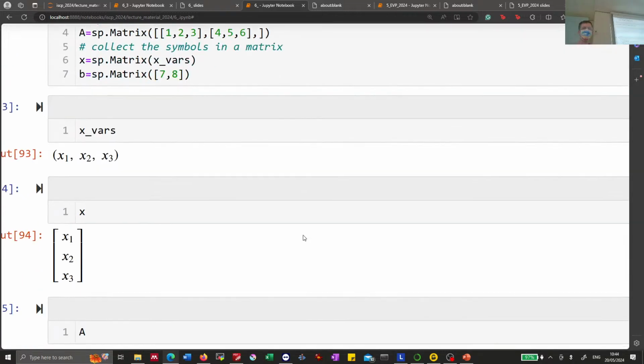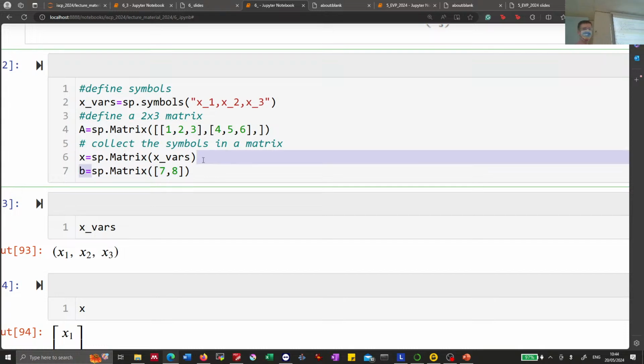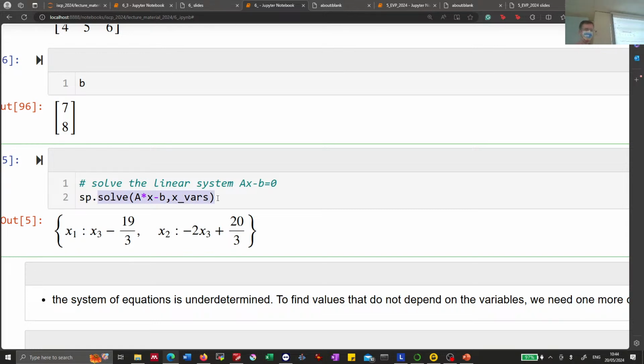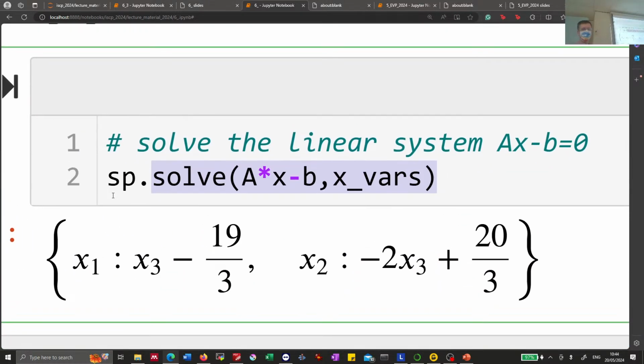So for underdetermined systems, we could use SymPy, defining our variables, defining our matrix with the basic information as well as the value vector b, and then provide the expression Ax minus b, which equals Ax equal b, into our solver from SymPy. SymPy is clever enough to say, yeah, what you have there is an underdetermined system.